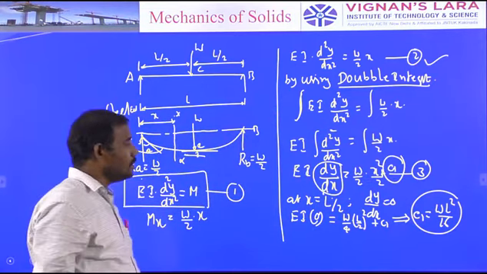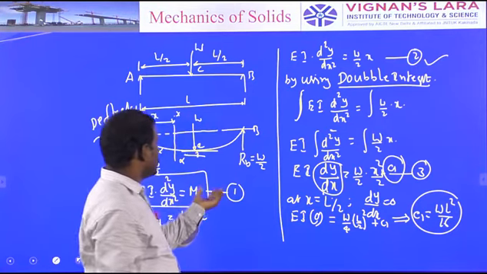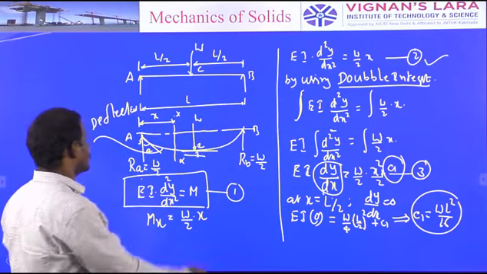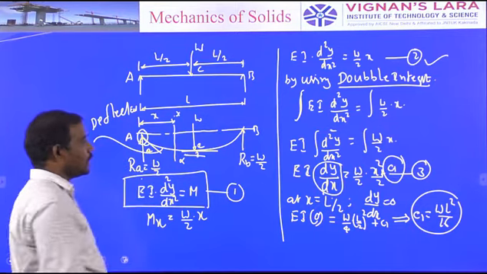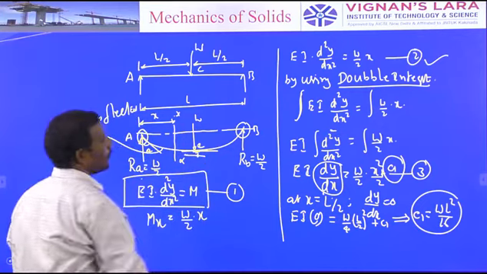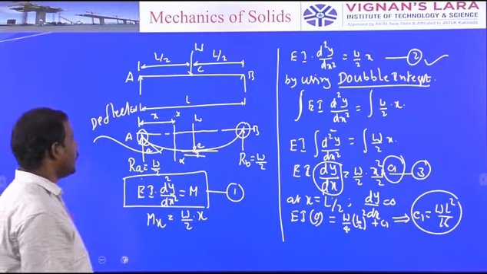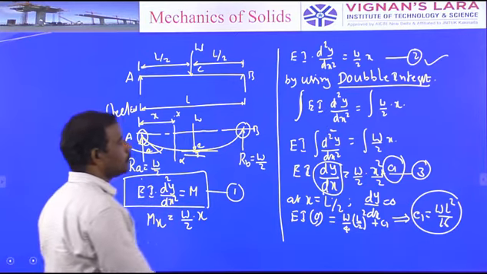The C1 value is obtained by imposing the boundary conditions. What are the boundary conditions? The slope is 0 at C, that is, at a distance x is equal to L by 2.